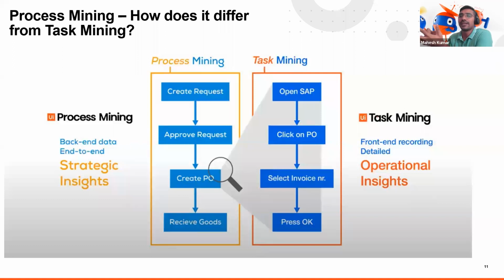So process mining comes into the picture when you have those hidden steps in your process. It's not that straightforward, and you really want to go in depth of your process. When your invoice is not being processed just by one team or one department, or maybe one organization, in that case process mining comes into the picture.